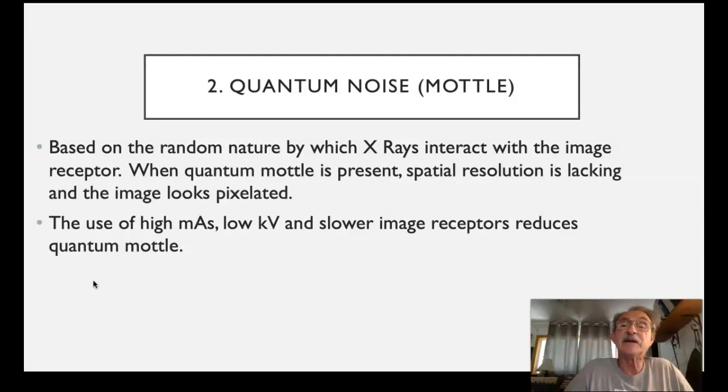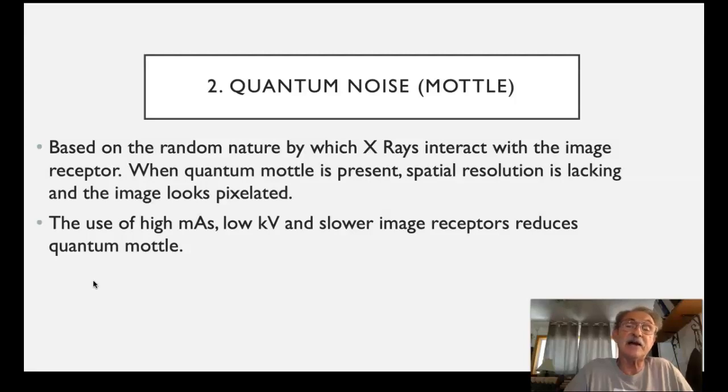And quantum mottle is most easily remedied by using more mAs, and by using more mAs, that increases the signal to noise ratio, and it fills in that pixelated appearance and gives us the spatial resolution that we need.